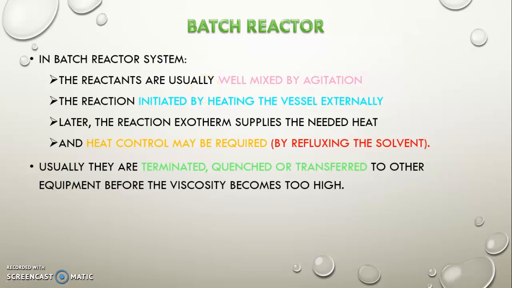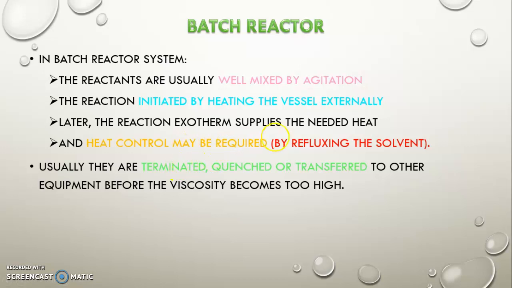Okay. In batch reactor, the reactants are usually well mixed by agitation, and the reaction initiated by heating the vessel externally. Later, the reaction exotherm supplies the needed heat, and heat control may be required by refluxing the solvent. Okay. Usually, they are terminated, quenched, or transferred to other equipment before the viscosity becomes too high. Maknanya dalam proses polymerization dalam batch reactor, biasanya dia akan ada step initiation, propagation and termination.